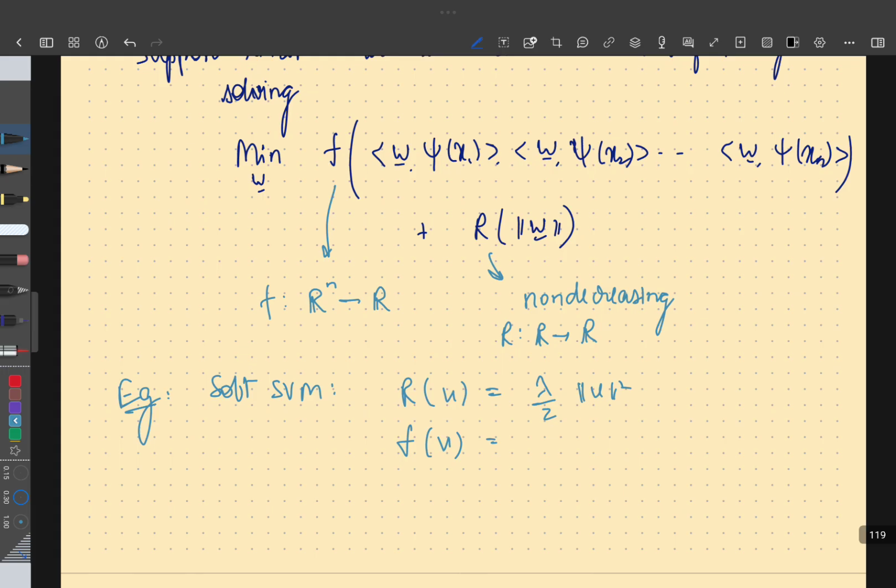So f would correspond to the hinge loss, which is 1 over n, sum over i, max between 0 and 1 minus yi ui. So f is a function of these n inner products, where ui would be the inner product between w and psi of xi.